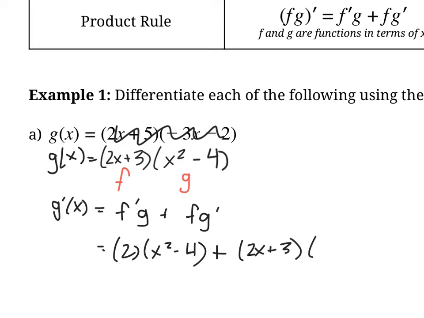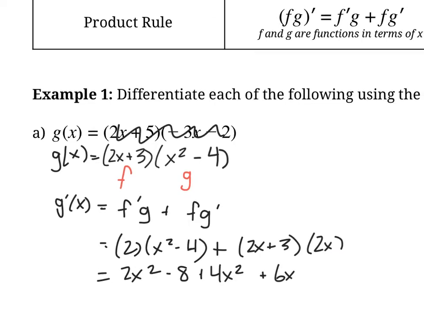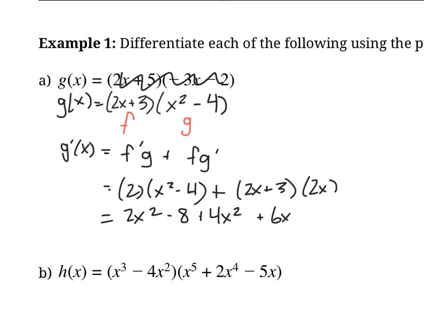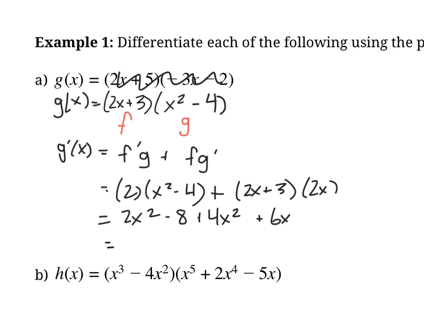And g prime is just going to be 2x, since the x squared is the only thing that matters. Of course, now we can expand and simplify, so 2x squared minus 8 plus 4x squared plus 6x. And then further simplifying, the 2x squared and the 4x squared add, so we get 6x squared minus 8 plus 6x.